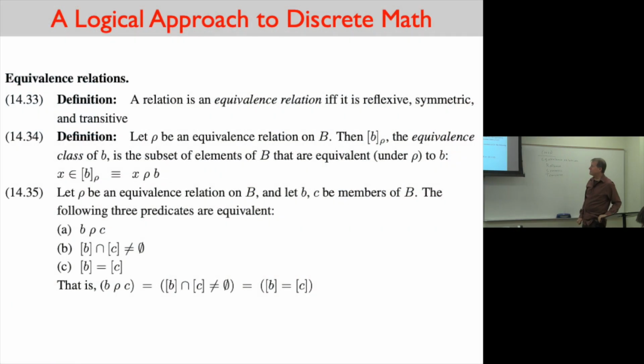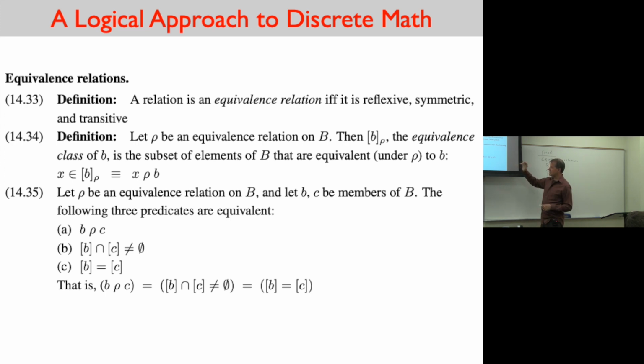Now, how about 14.34? That's another definition. It says, let rho be an equivalence relation on B. Then, now we have this interesting notation: square bracket, little b, close square bracket, subscript rho. That symbol stands for the equivalence class of b.